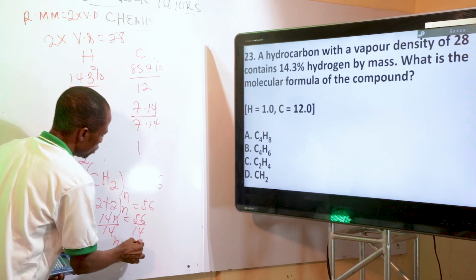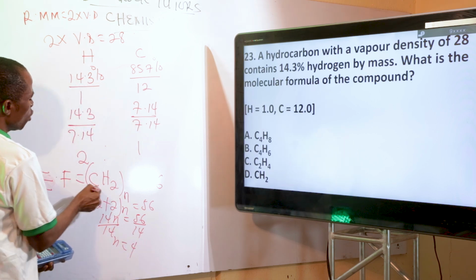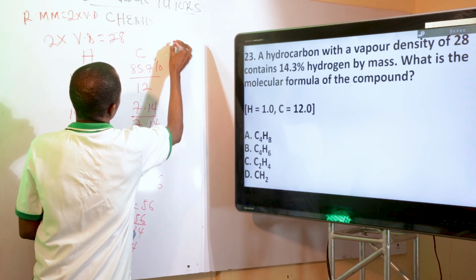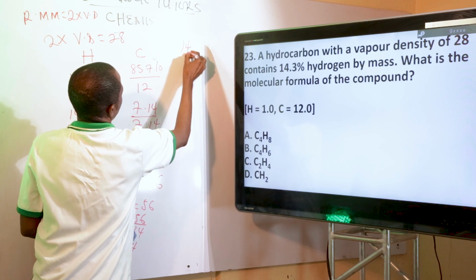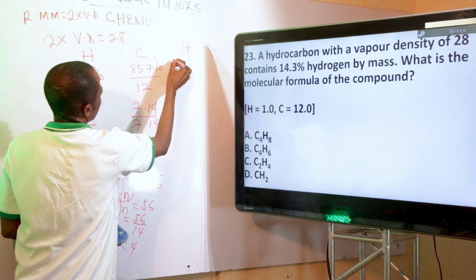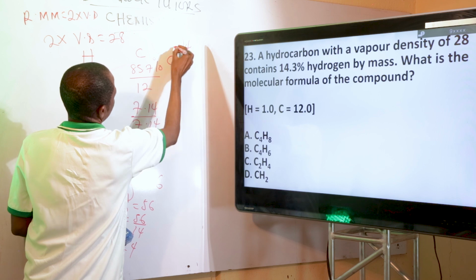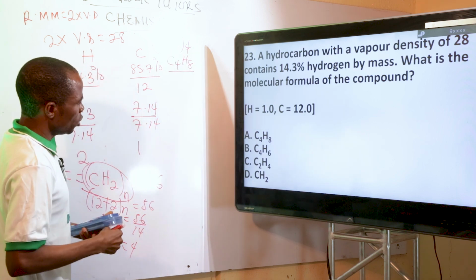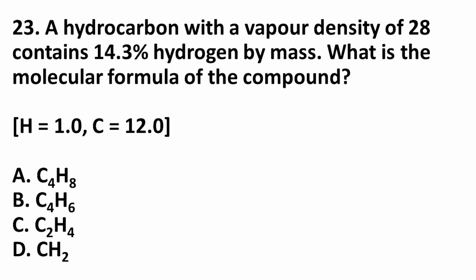That is 4. So N is equal to 4. So our molecular formula now will be (CH2)4. Then if you use 4 to open the bracket, that becomes C4, then 2 times 4, 8. So the compound here is going to be butane. That's definitely option A, as can be seen here.